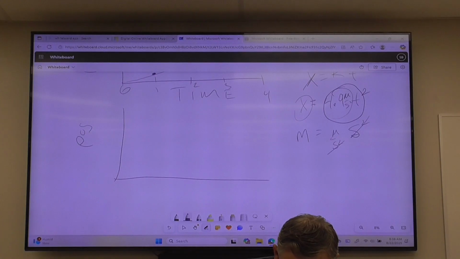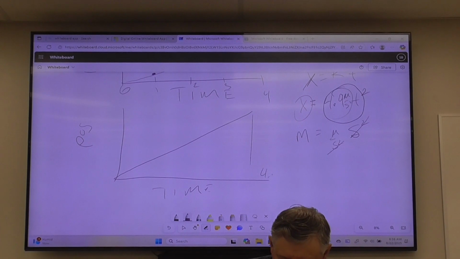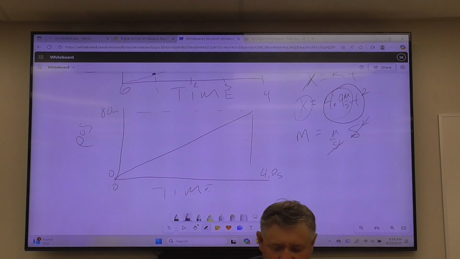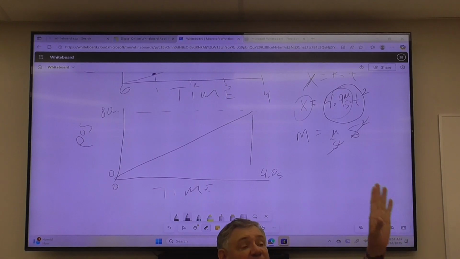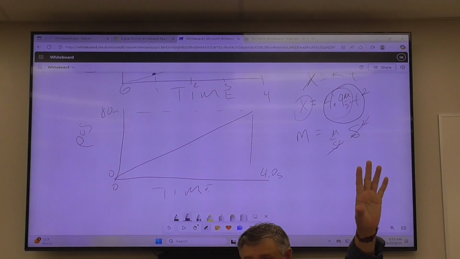where you have position and you have time, and it was something like this, let's say there's 4 seconds and 80 meters, and we start at 0, 0. This isn't the graph, but just stay with me through the hypothetical.